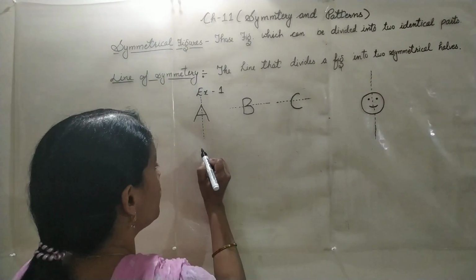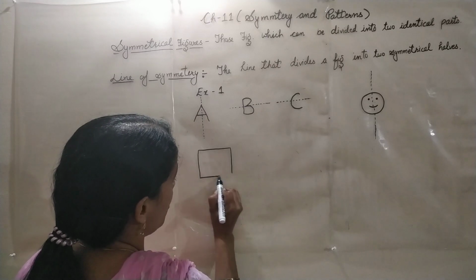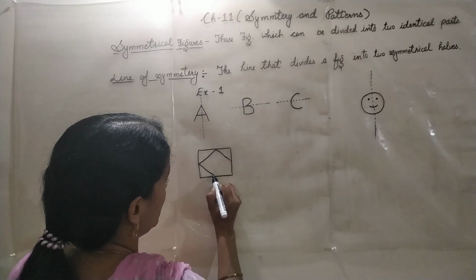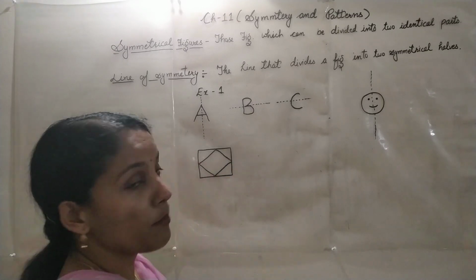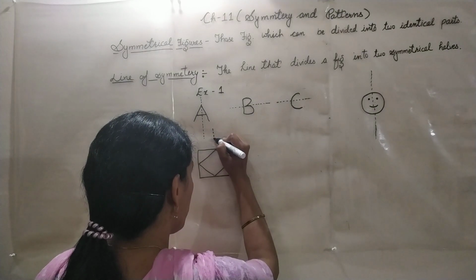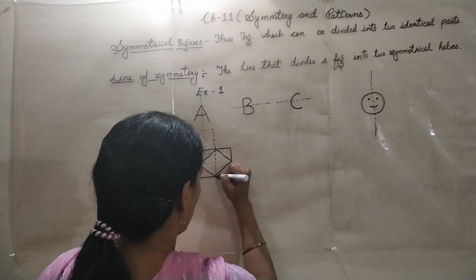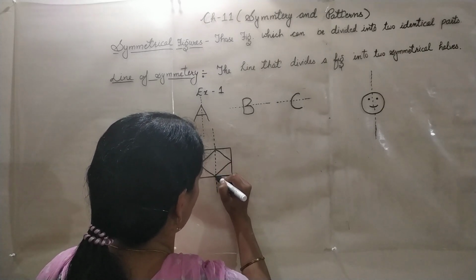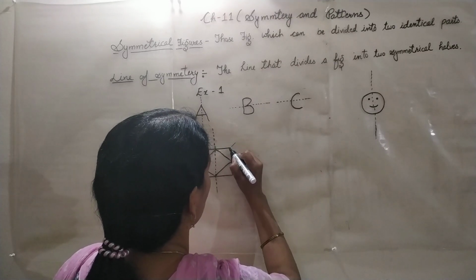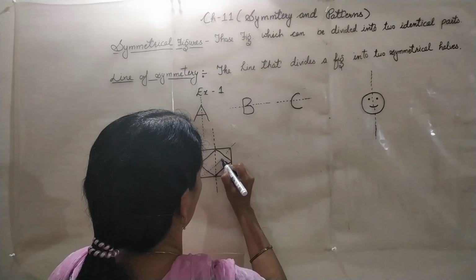Next, the figure given is a box. Inside the box one more box is there. So how many lines of symmetry are here? Just see here, one line of symmetry is coming from above to down, vertically. First line of symmetry. The second one is from this corner to the opposite corner.